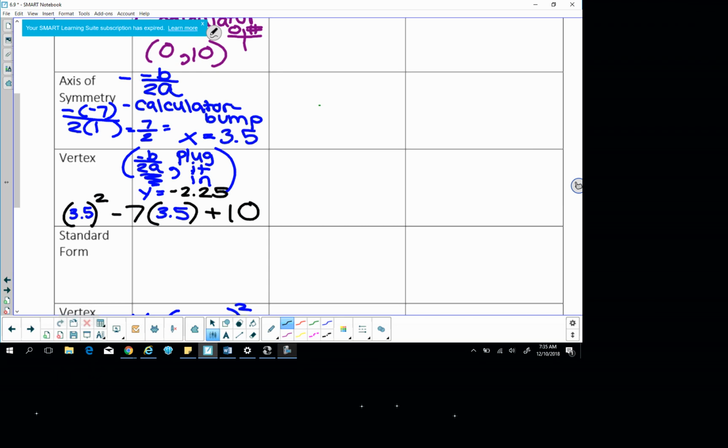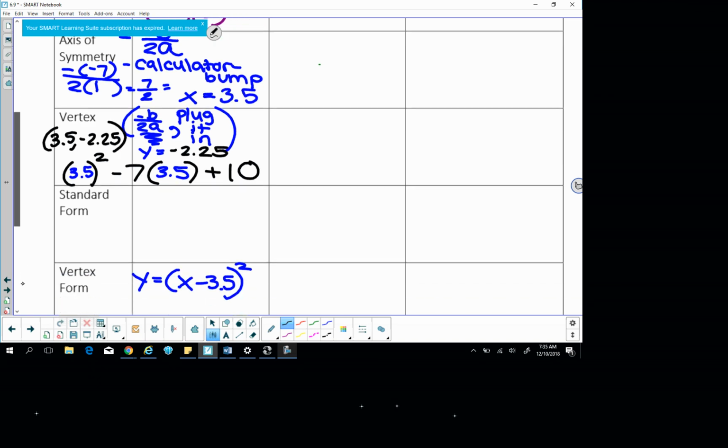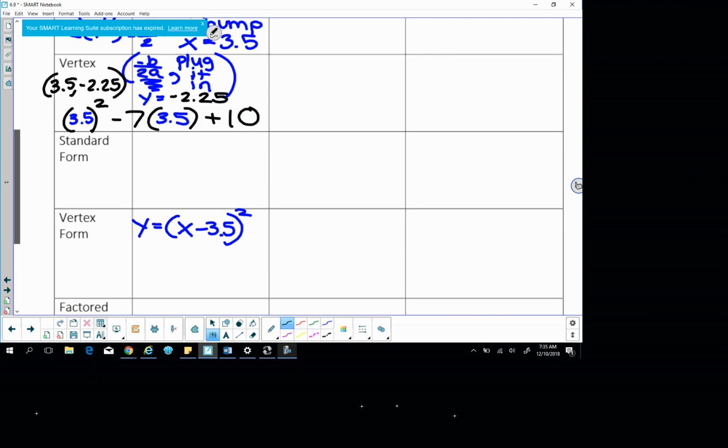And so my vertex would be 3.5, comma, negative 2.25. That wouldn't show up in your calculator because it has a decimal, so you do need to solve it like this. And remember, it's the same on the outside, so you can write it like that. So instead of completing the square where you move it over and fill in the blank, you could also do it this way, where you just do negative b over 2a and plug in the opposite of x and y.